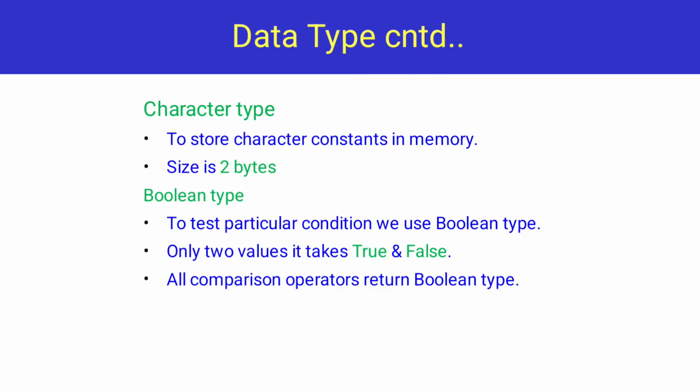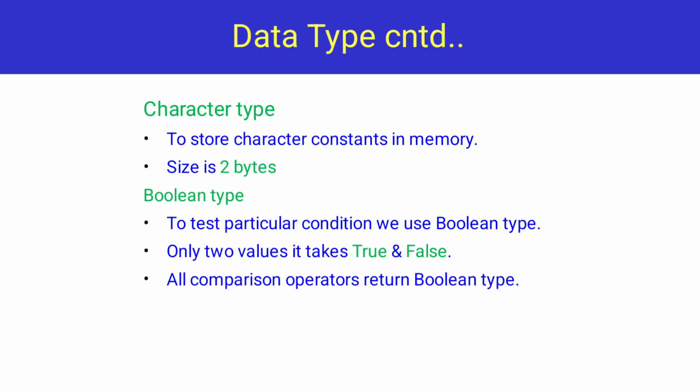Now moving towards the character data type. As you can see, the character and the boolean data types are part of the non-numeric data type.